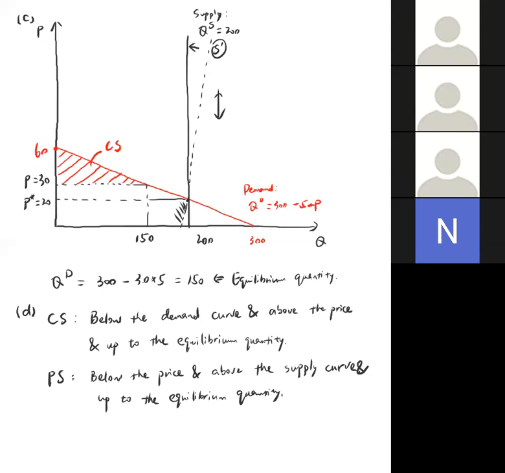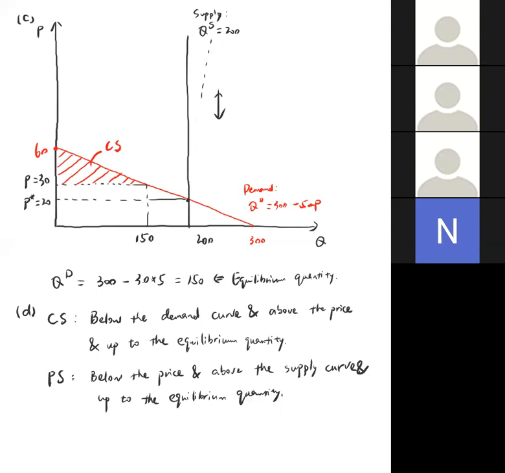If we rotate our S prime to the vertical position, we will know that when we look for the producer surplus, we should also look to the left-hand side of the supply curve. So I will remove that hypothetical case.